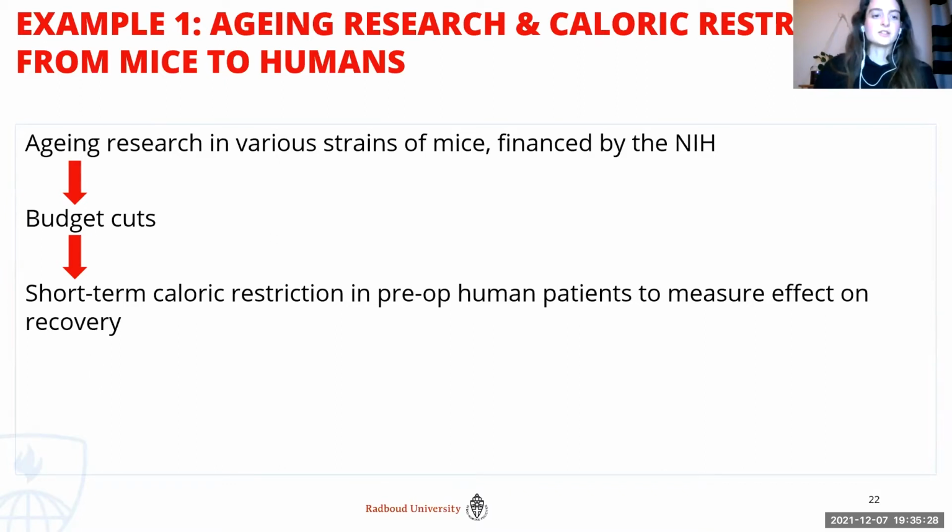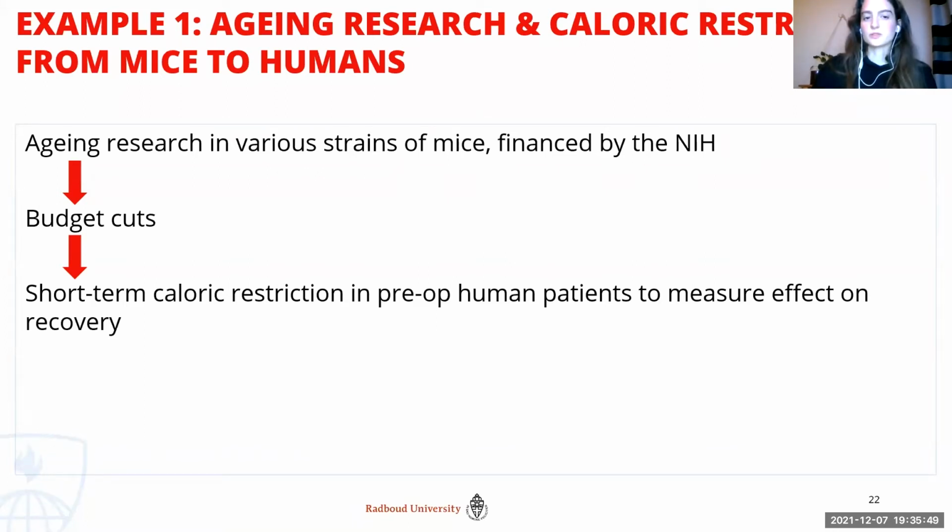So the idea being that caloric restriction before the surgery would then lead to faster recovery after the surgery. And they already had the idea that it could work like that even before they started the mice aging research. So it's not that they got that idea from there.